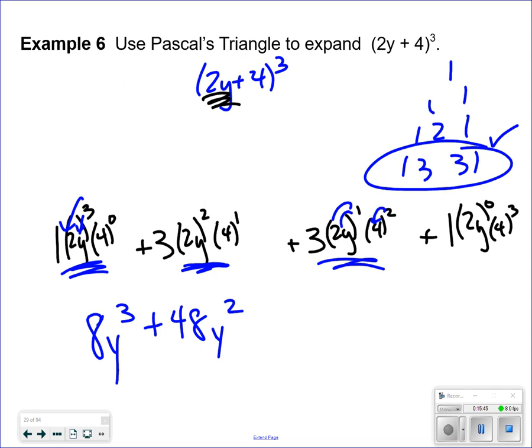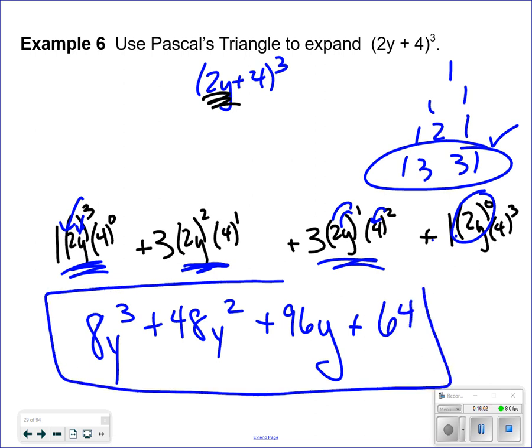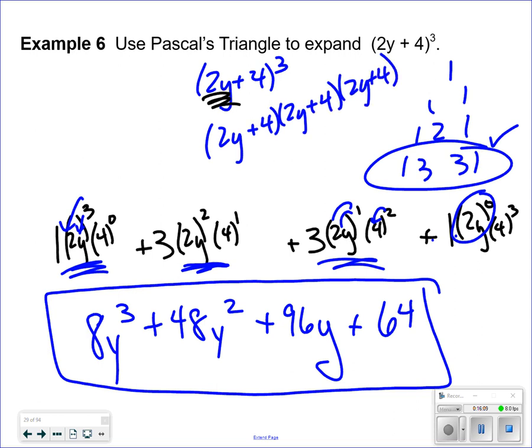So 16 is 4 squared, times 6 would be 96y. And then the last one, anything to the 0 power is 1. So 1 times 1 times 4 to the third is 64. And that is the same as doing (2y + 4) times (2y + 4) times (2y + 4), and probably a heck of a lot faster.